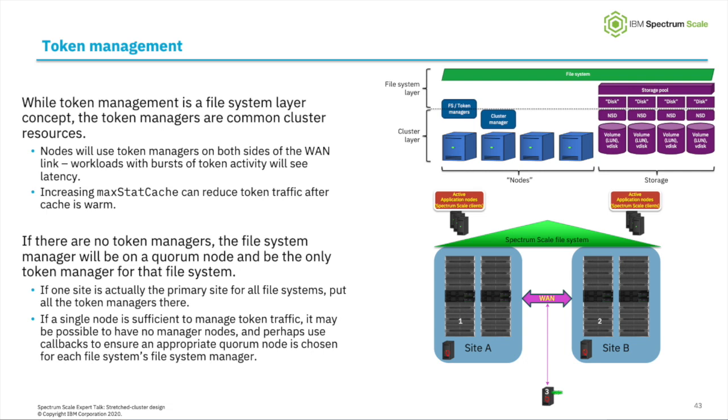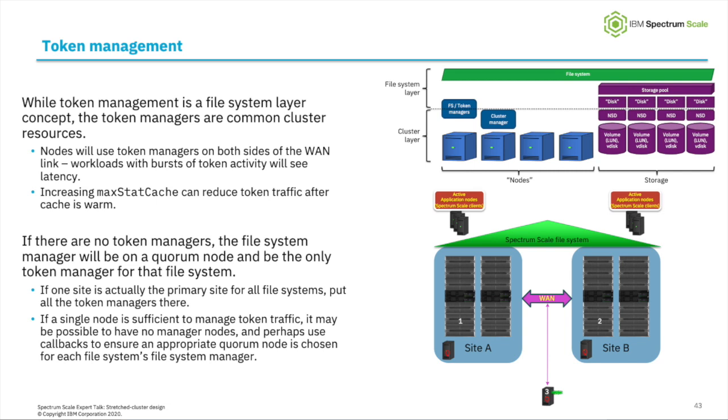By that, I mean that all the manager nodes, which are configured at the cluster layer, are going to share in the token manager responsibilities for all file systems, even an unstretched file system. So if both of my sites have nodes with the manager role, I'm going to have some token traffic spanning the WAN. And unfortunately, there's no way to avoid this.